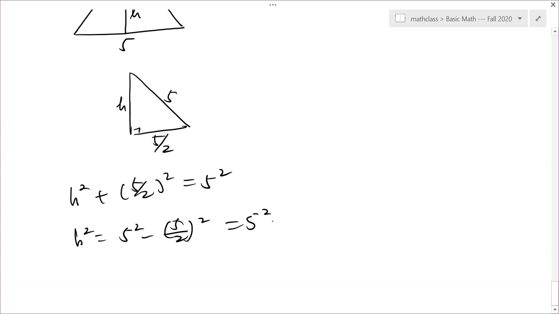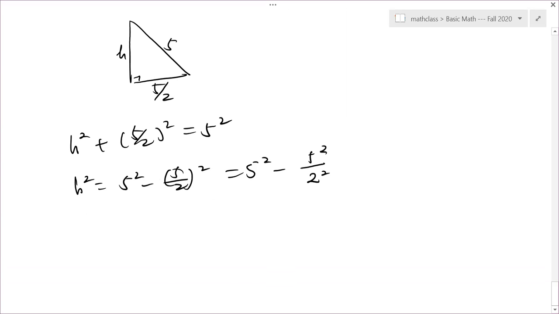So it's 5 squared minus 5 squared over 2 squared. Can we combine them? My answer is yes. So what you get here is 5 squared times (1 minus 1/4), so h squared is 3/4 times 5 squared.